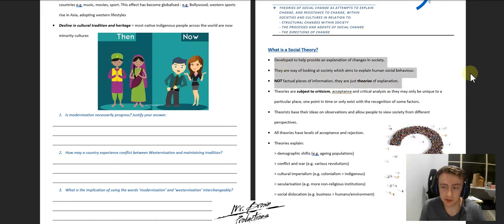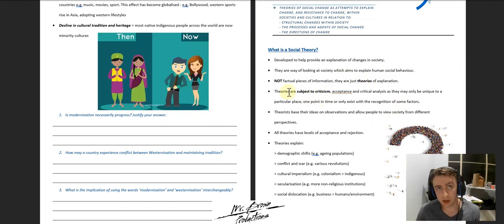So the whole idea of a theory, any theory that is, and social theories are no different, is that researchers have come up with them as an attempt to explain something. In this case, social theories are trying to explain why certain changes happen to societies, usually at a macro level. So that's the main focus of a social theory here.